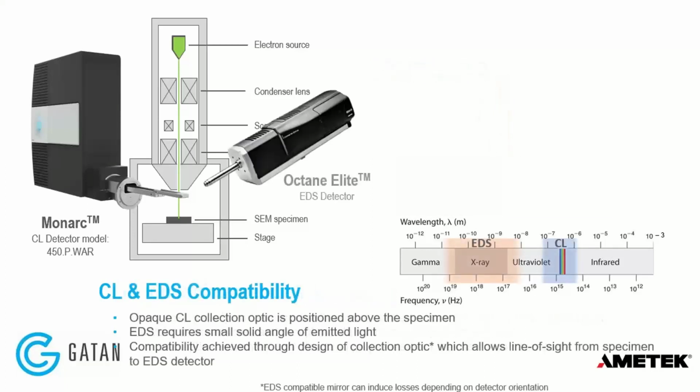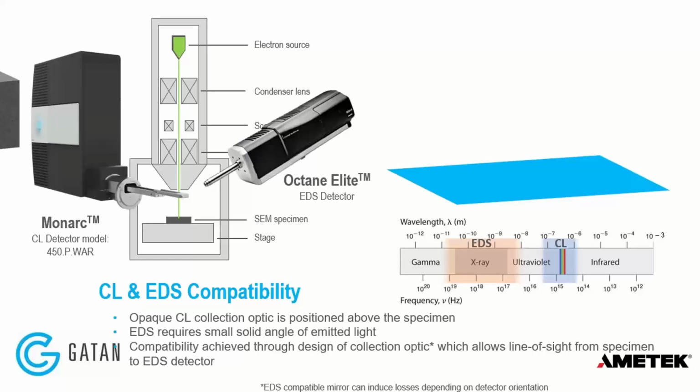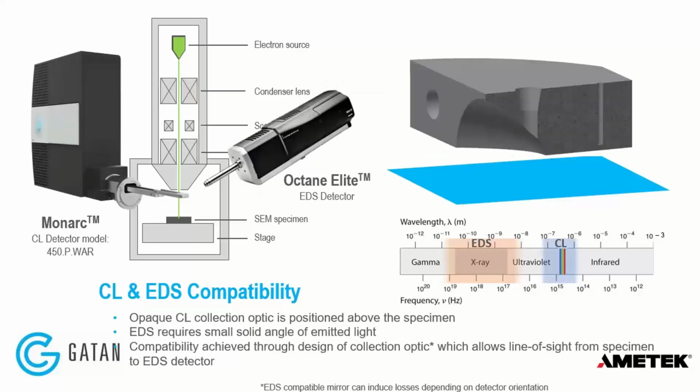We can couple these two techniques together, which give a lot of supplementary information to one another. We do that by, again, placing a paraboloidal mirror above the sample, which typically would block the line of sight that you would need to the EDS detector. In this case we've developed a collection optic which allows a line of sight from the specimen to the EDS detector, as well as coupling a significant amount of the light sent from the sample back into the CL detector.